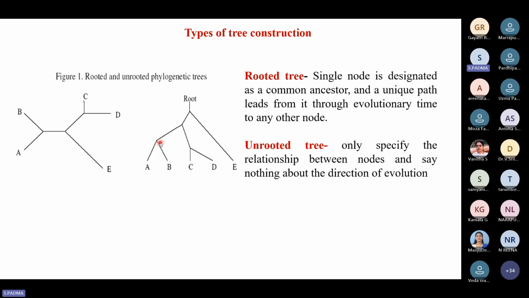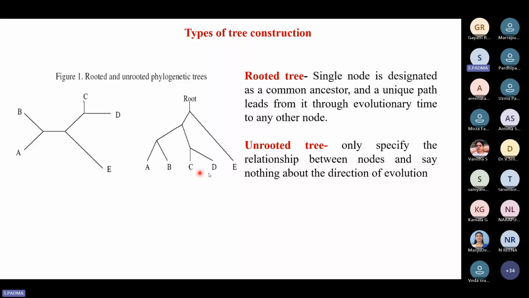Similarly, this is also a bifurcating node which has A as well as B. Now A and B are grouped as one clade, C and D are grouped as one clade, and this is connected with the common ancestor. So there may be some amount of similarity when you are comparing the sequences between A, B and C, D.